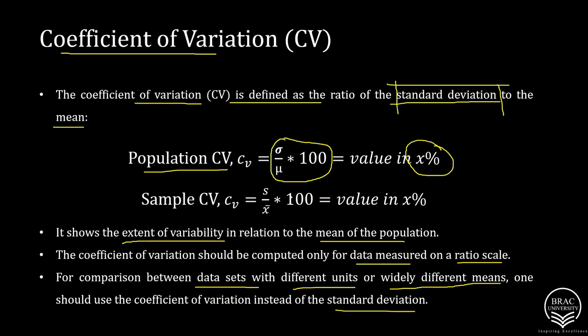Suppose one has mean 8 and another has mean 1000, then the comparison of standard deviations would not be good. For this reason we need CV to compare this type of datasets.